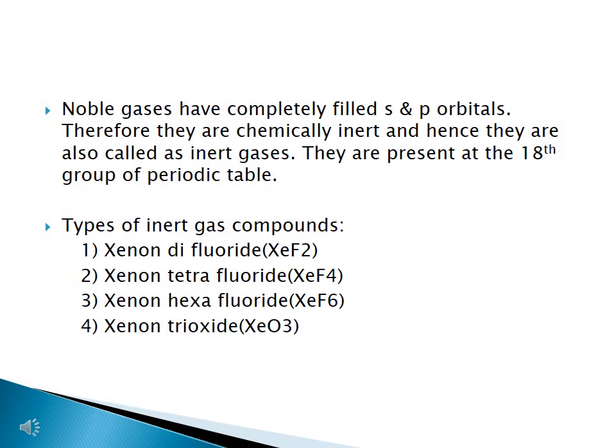Noble gases have completely filled s and p orbitals, and hence they are chemically inert. Therefore, they are also called inert gases. They are present in the 18th group of periodic table. Now, let us discuss the different types of noble gas compounds.